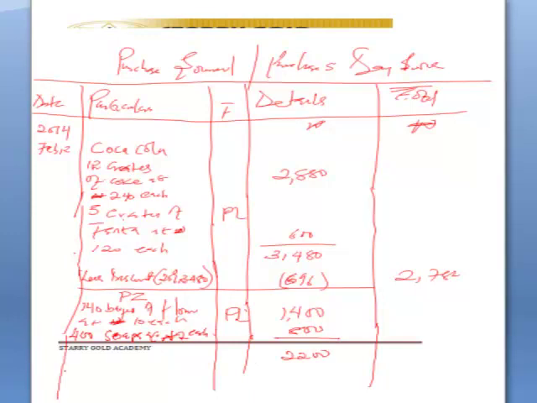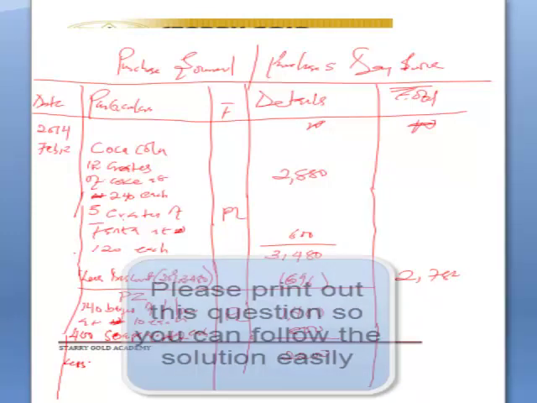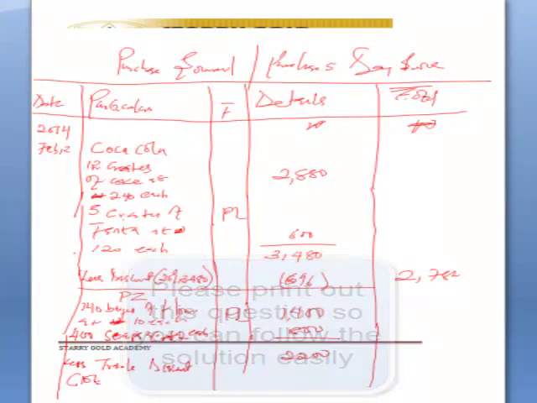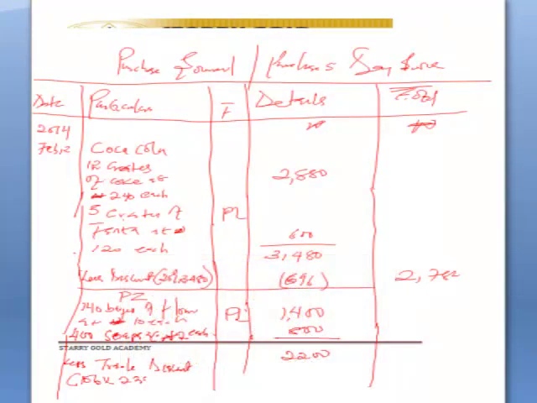Then less trade discount of 10% of 2,200, and that will be 220. So we are going to less 220. The difference is 1,980.